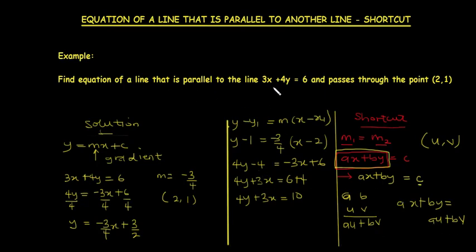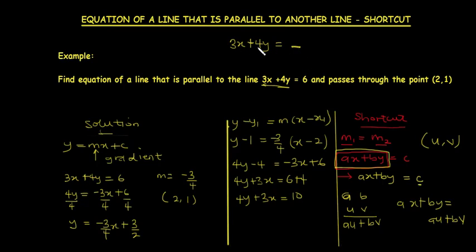All right, now how do we use this? So let's come back to our question. From our question and from the principle we are explaining here, what we know is that the 3x plus 4y will be maintained, but this should be equal to something we are yet to find. So how do we find that?